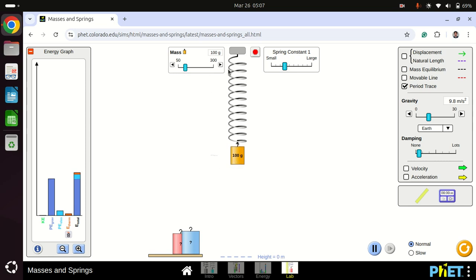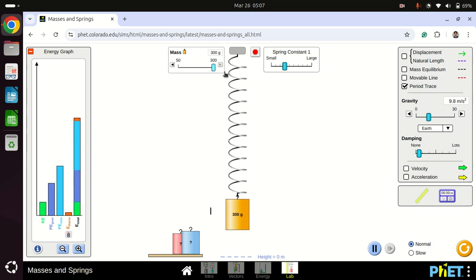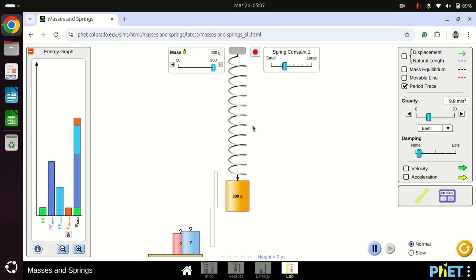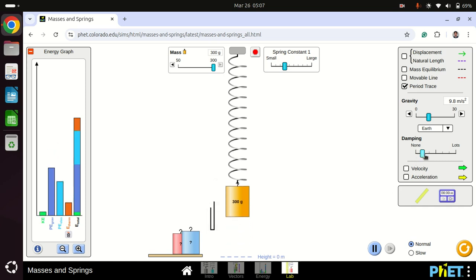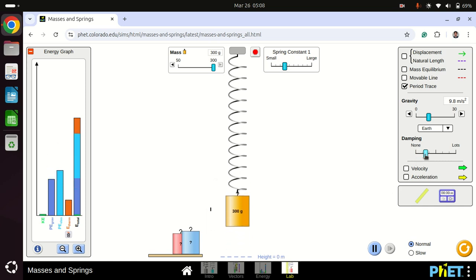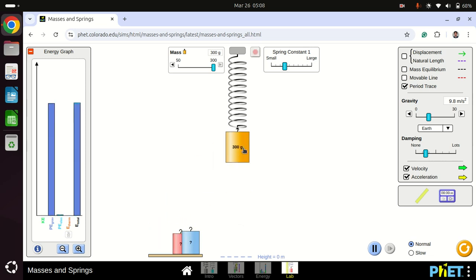Let me increase the mass. Yes, after increasing you can see this, and let me increase some damping. So you can see how quickly the amplitude is going to damp, right? Here also you can see the direction of velocity and acceleration. Because they are almost zero, let me add this again.